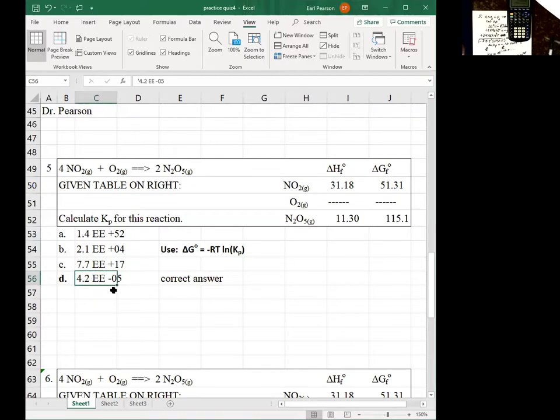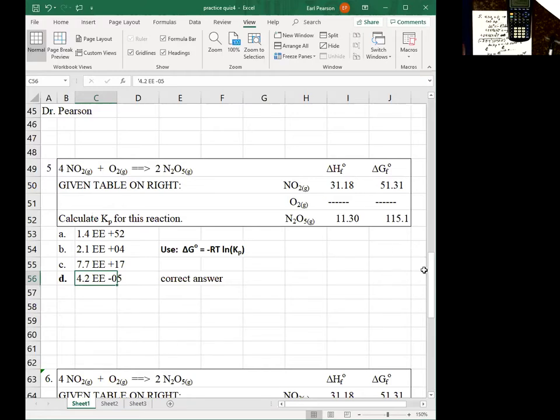In order to avoid subscripts and superscripts in the answer that technically are difficult to do in my test generator, in this quiz I have written the numbers like you would write them on your calculator. 4.2 EE minus 5 is the way you enter that number in your calculator. So when you see this on the quiz, that's what it means. This EE is times 10 to the minus 5. That's what that EE stands for. 4.2 times 10 to the minus 5. Okay, that's the correct answer.